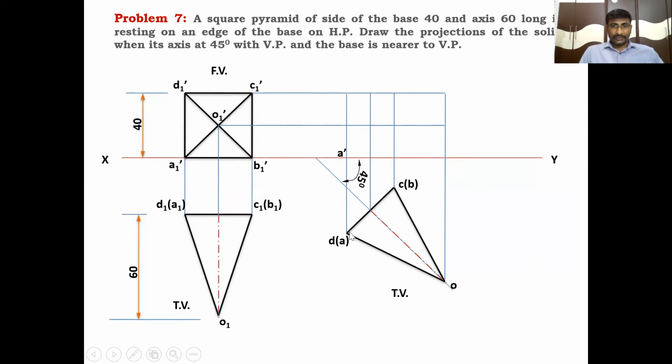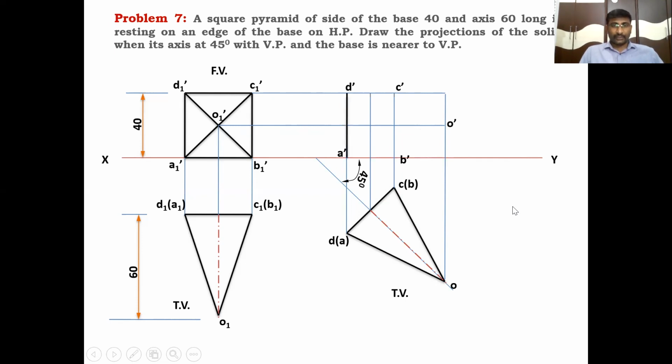A dash is the point of intersection between A line and A1 dash line, B dash is the point of intersection between B line and B1 dash line, C dash is the point of intersection between C line and C1 dash line, D dash is the point of intersection between the D line and D1 dash line, and O dash is the point of intersection between O line and O1 dash line. Like that, you have to locate the corresponding points in the front view.